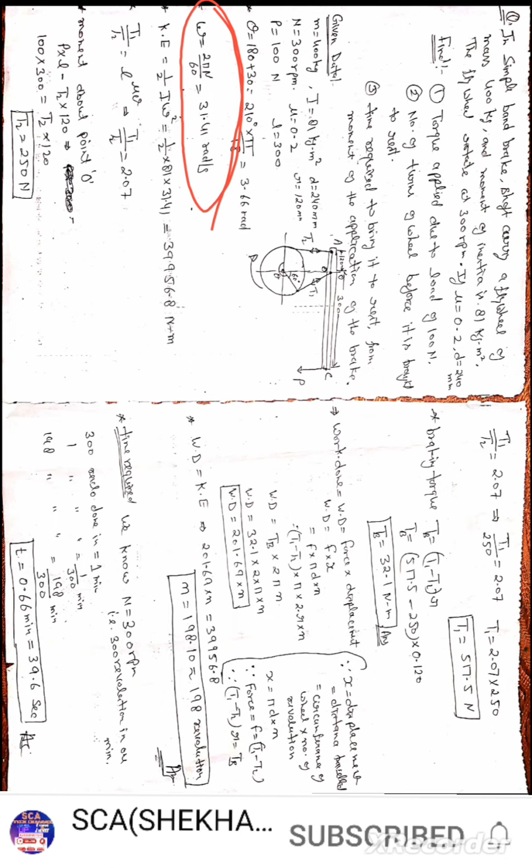Now moving on to finding kinetic energy. Kinetic energy is half I omega square because this case is angular motion.